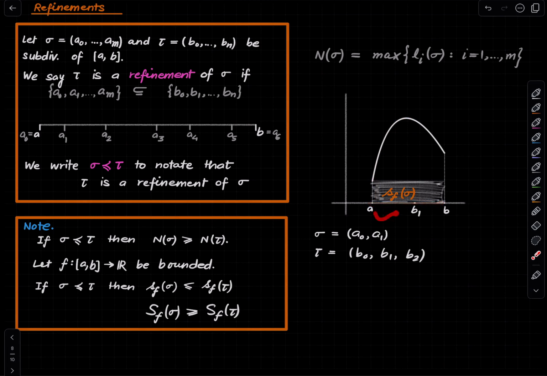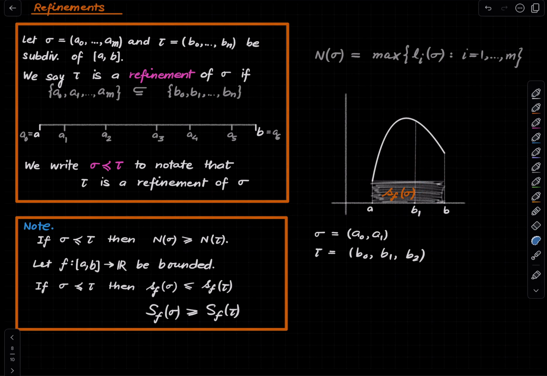So over this region, the infimum is at least the infimum over the entire thing, and that you're multiplying with this length. And over this region, the same comment, and that you're multiplying with this length. So you're getting at least the global infimum times the total length. I don't want to write all of that. So that should be enough for you to convince yourself. If we really want to draw a picture, let me extend.